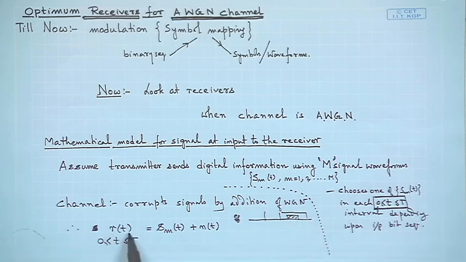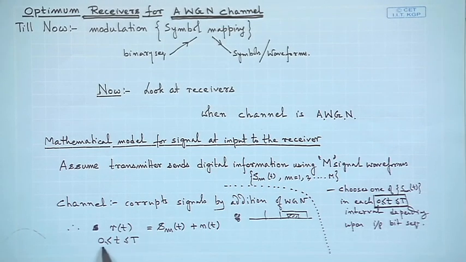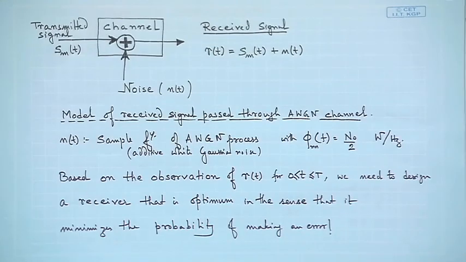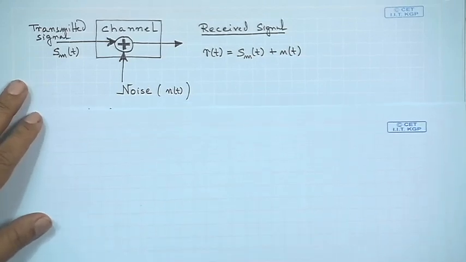So, a received signal r(t) could be written as s_m(t), that is the transmitted waveform, plus noise, which is additive in nature, and n(t) represents noise, and this r(t) is in the interval of 0 to capital T. For the next interval, you again have a similar expression. So, we proceed with this kind of a model, and we have the diagrammatic representation as we discussed earlier.